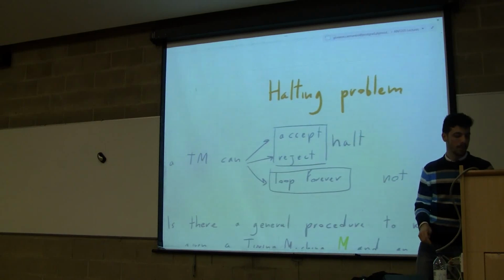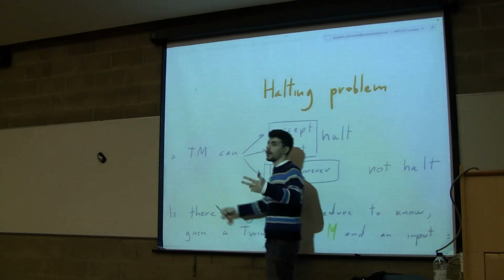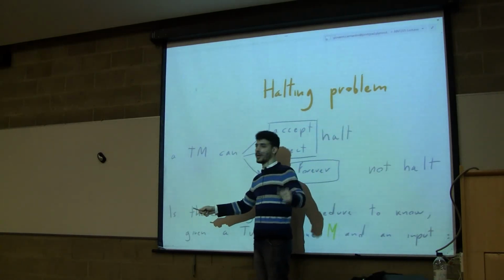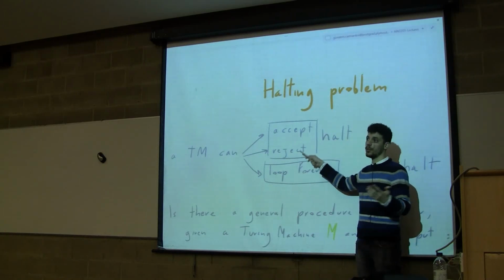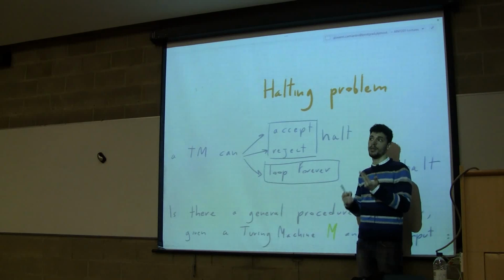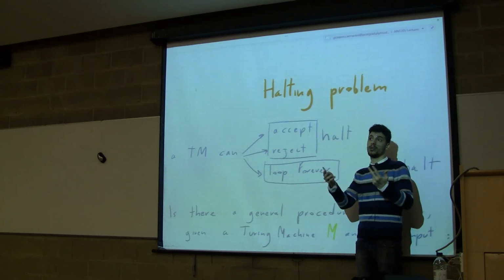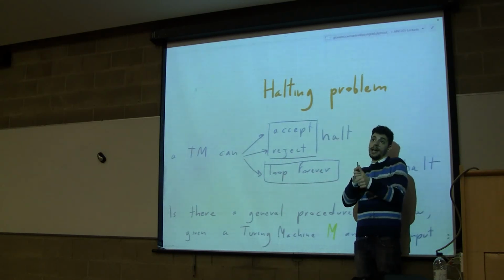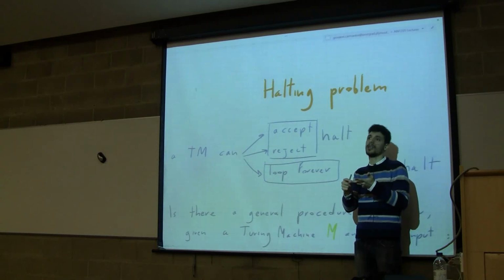So what does it mean to halt? At the end, you can do three things with its input: it can either accept, it can reject, or it can loop forever. There are only three possibilities. If you observe a Turing machine with some input, you will observe it either accept, reject, or, if you live forever, you will see it loop forever.